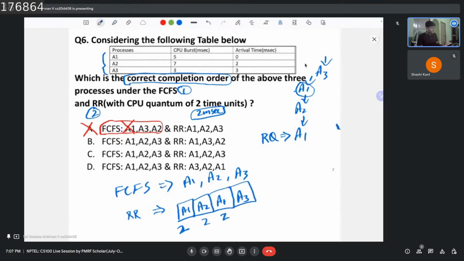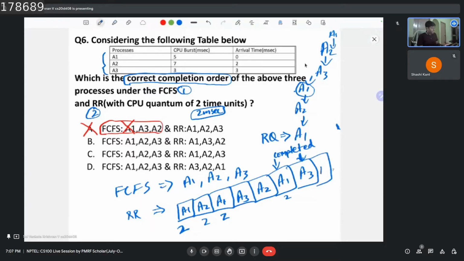right? And now after A3, it's A2, okay? And once A2 finishes its slice, it will be A1 again, and by this time A1 would have completed execution. Now it will be A3 again getting executed on the CPU, and this will also be completed, and then finally A2 again.